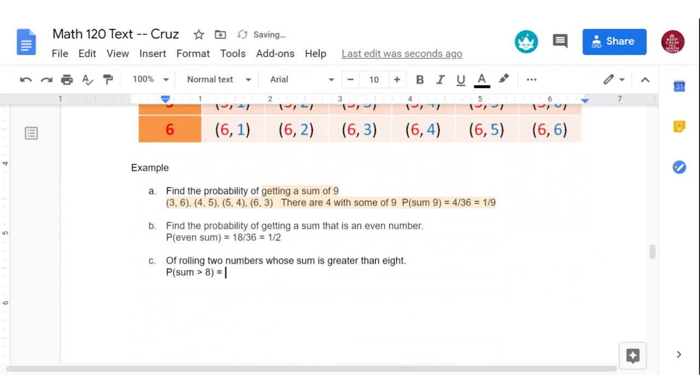So I said that there was 10 over 36. So 5/18. All right. Any questions about any of those with the dot?